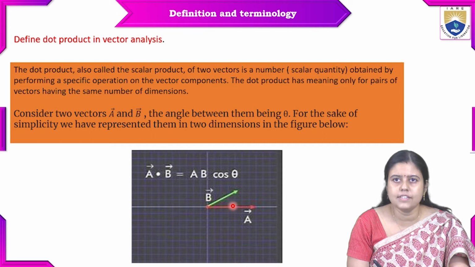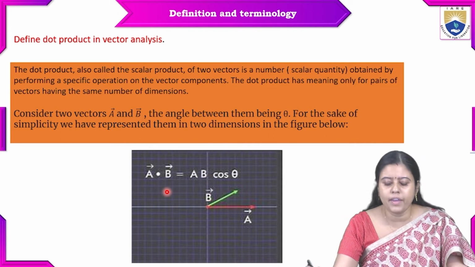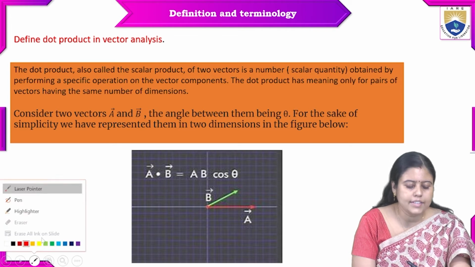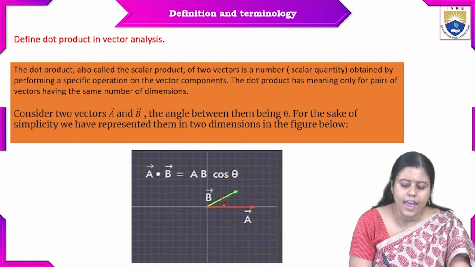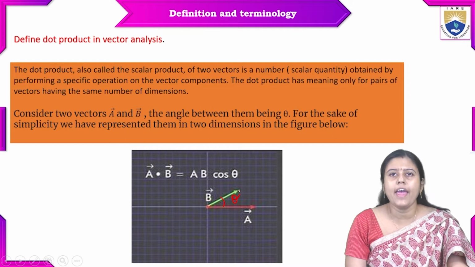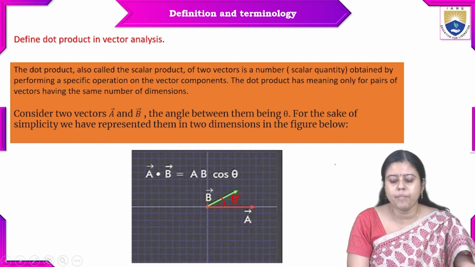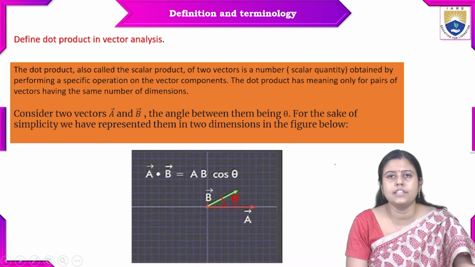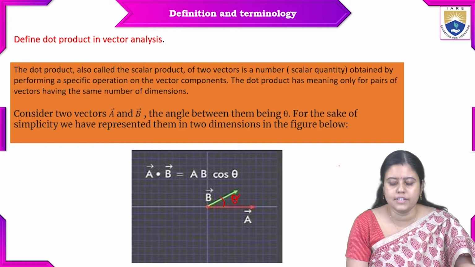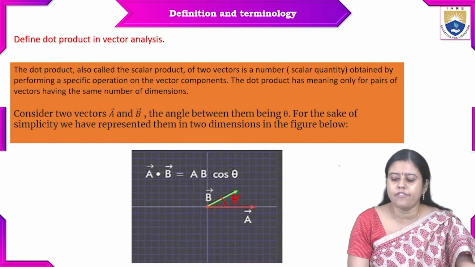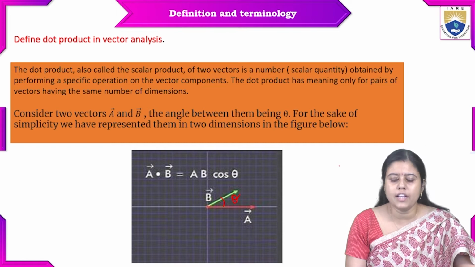You can see this is the A and B, and we are getting A dot B equals AB cos theta, and theta is nothing but the angle between A and B. So A is a vector quantity, B is a vector quantity, but AB cos theta is a scalar quantity. And here we have taken a two-dimensional space.